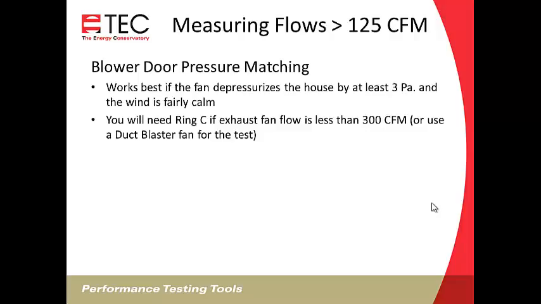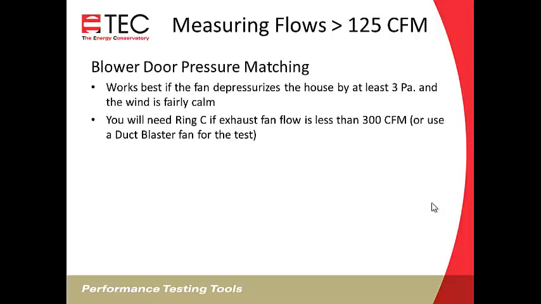You'll need ring C if the exhaust fan flow is less than 300 CFM, because with ring B of the blower door, the lowest reading you can get is 300 CFM. So you may need to use ring C, or you can certainly use the Duct Blaster fan as the blower door.